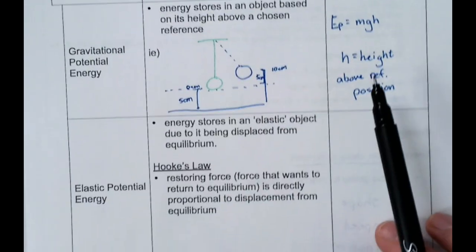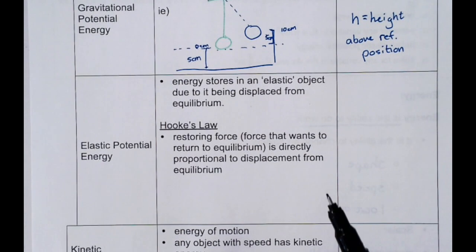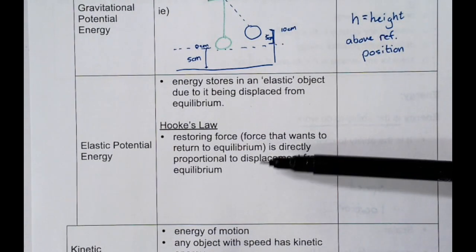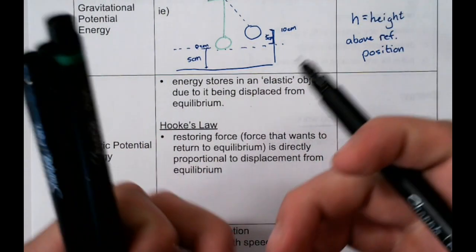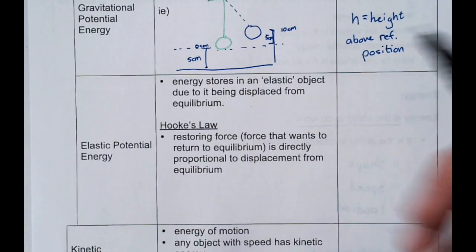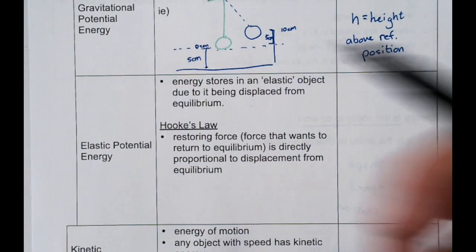The next type of potential energy, we have two that we worry about in Physics 20, is one you may not have seen yet. And we call this elastic potential energy. What elastic potential energy is, it is the energy that is stored in elastic objects due to it being displaced from equilibrium. So what that means is when I pull an elastic band apart, it wants to go back, right?